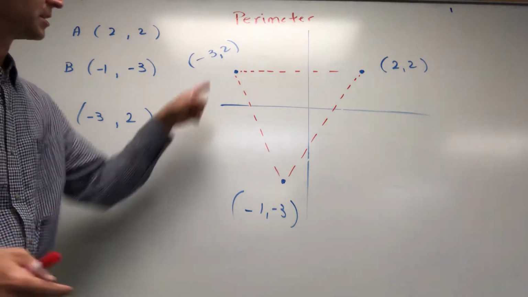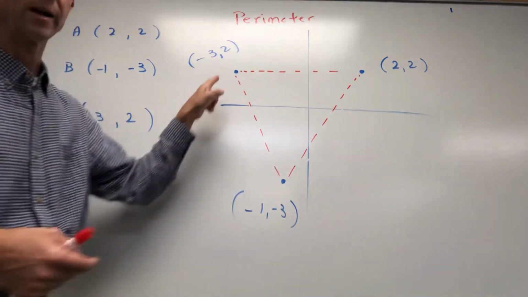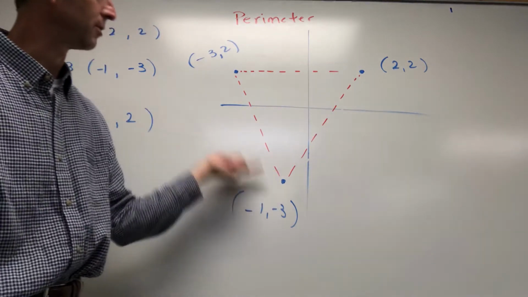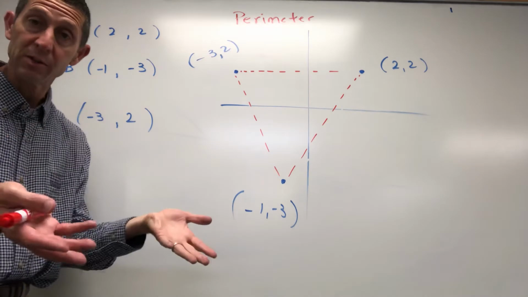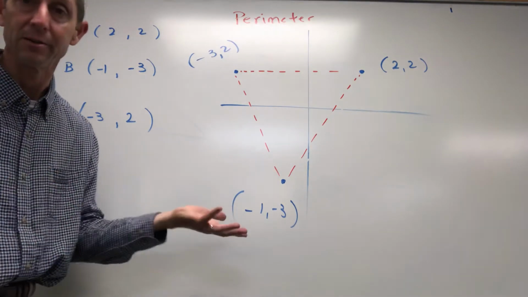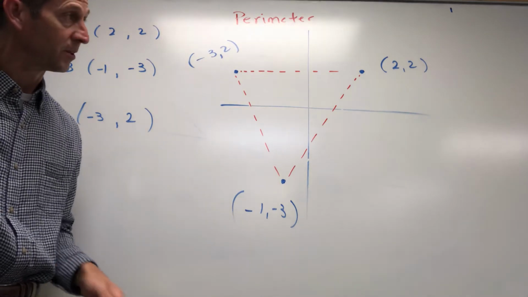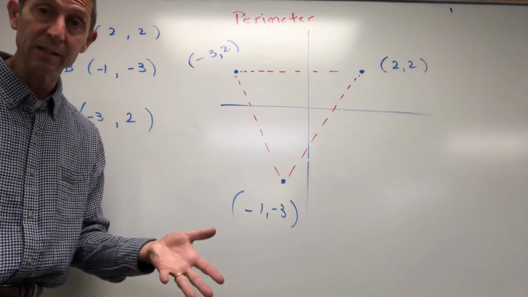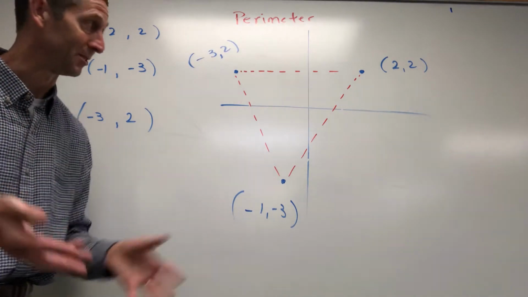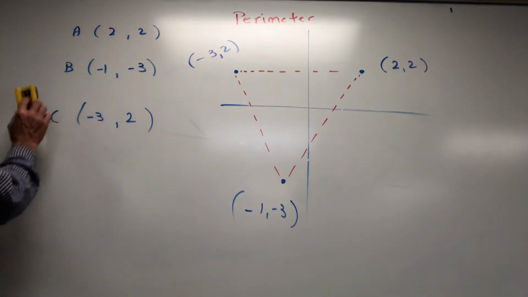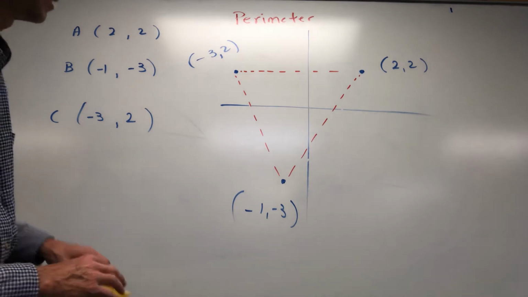Perimeter is the distance around all 3 sides of this triangle. So the distance from here, distance from there, distance from there. Find those 3 distances, add those 3 lengths up for a total, and that gets you your perimeter. So what we've got to do is distance formula 3 times. You're like, 3 times.